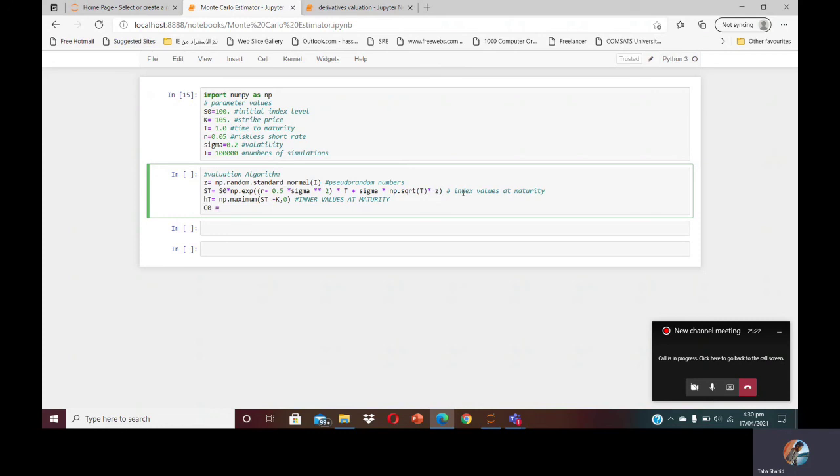C0 is equal to np.exp(minus r multiplied by T) multiplied by np.sum of hT divided by I. That's our Monte Carlo estimator.